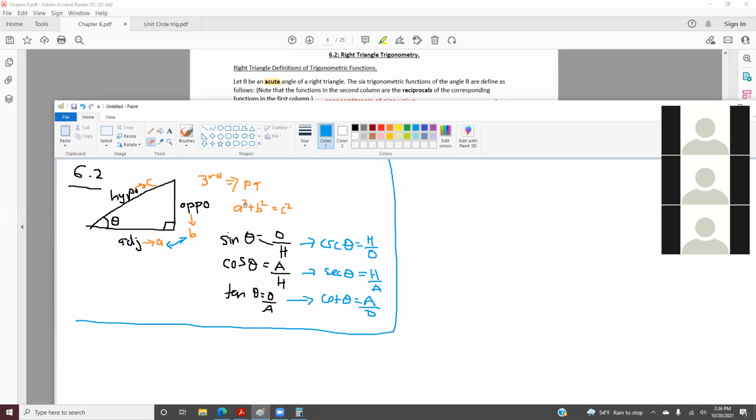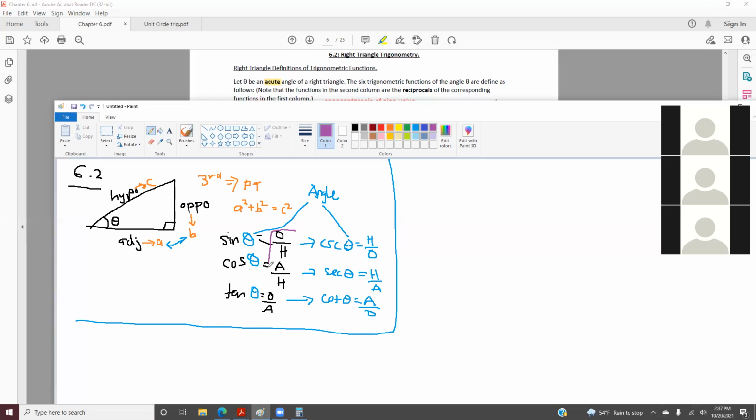Now, a lot of students during tests forget to give me this theta. If you forget to give me that theta, I will take points off, because there is no such thing as sine equals a number over a number. You forget the angle. This is an angle, so you need theta here. Theta is your angle: 30 degrees, 40 degrees, 10 degrees, 50 degrees.